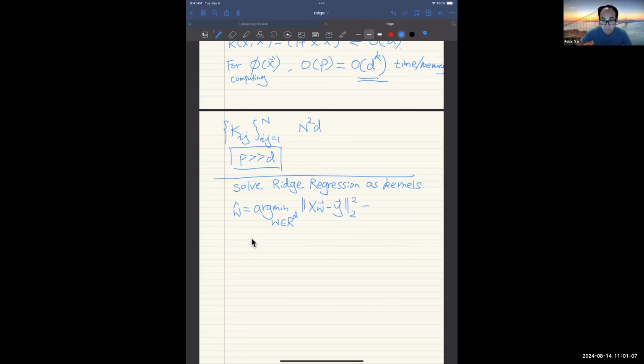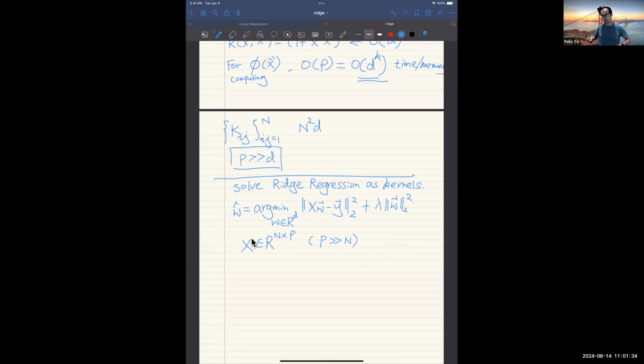Say we are in a situation where x is in R^(n by p), and p is significantly bigger than n.